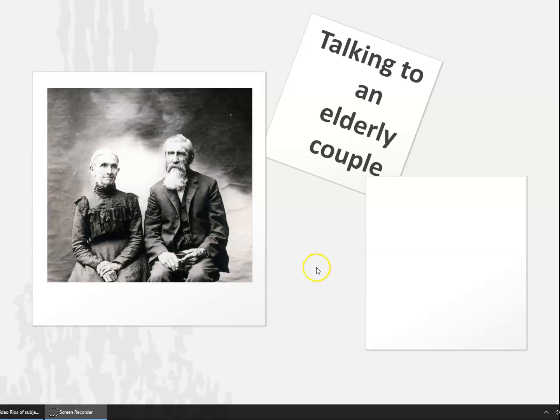Talking to an elderly couple. Keyword: to. You're talking to them. So it will be ustedes. Some people sometimes ask, can it be vosotros? And the answer is no. Why can it not be vosotros? Because vosotros is informal.